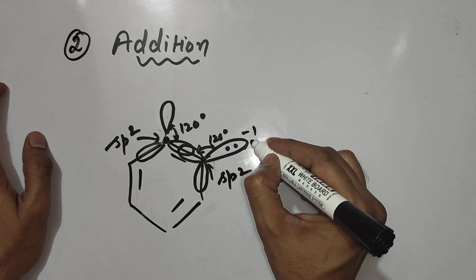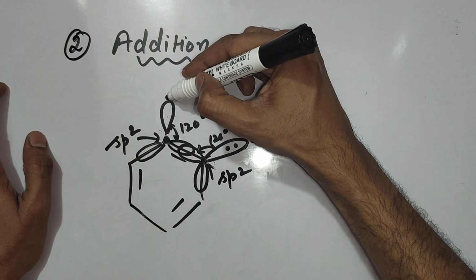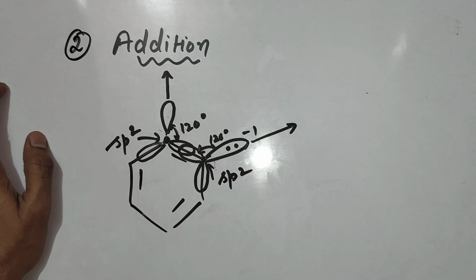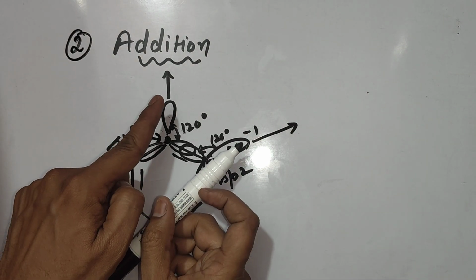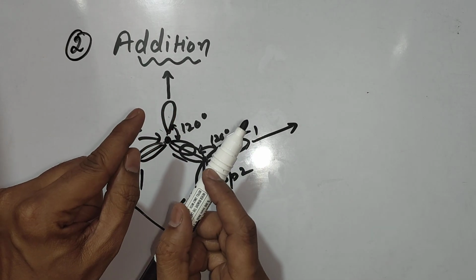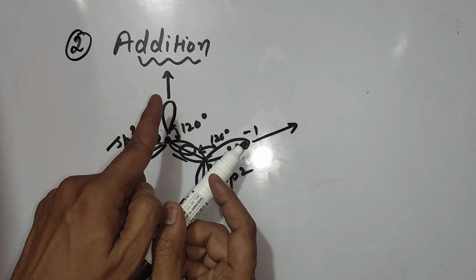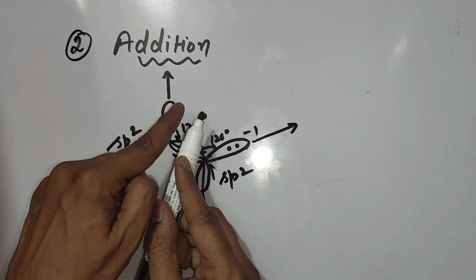This orbital is going to that direction. This orbital is going to that direction. Due to which, if they will overlap for the bond formation, the ring will come in strain. Strain means you are forcefully overlapping them like this.